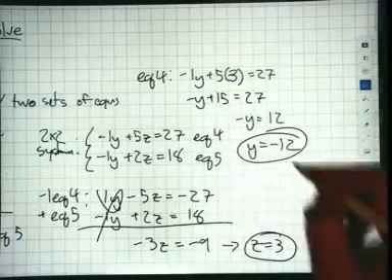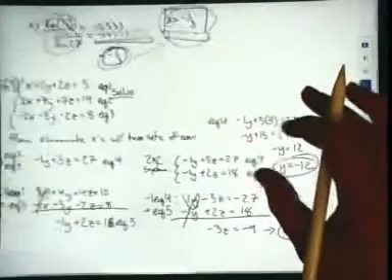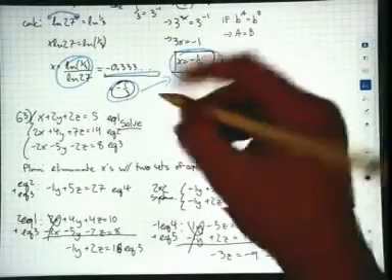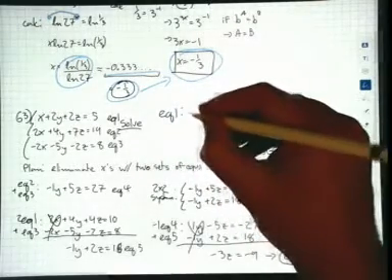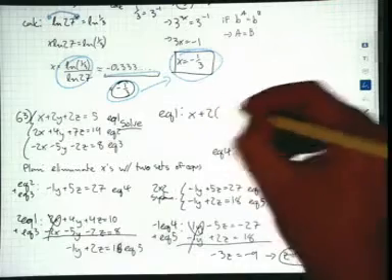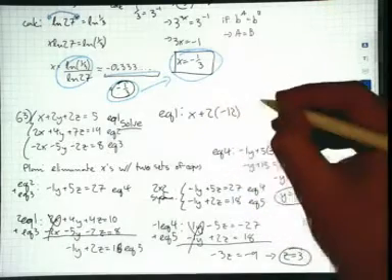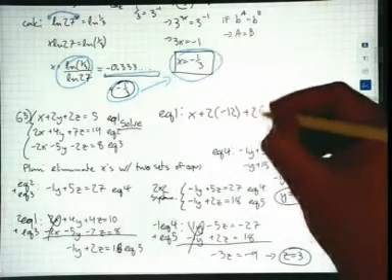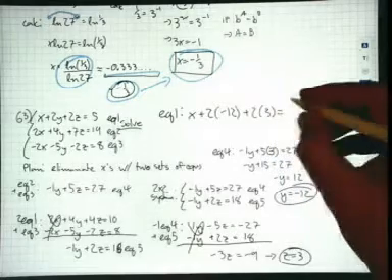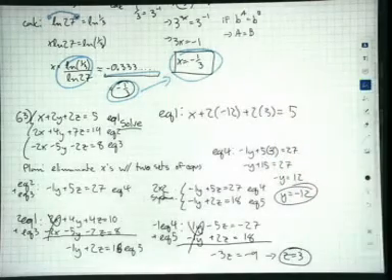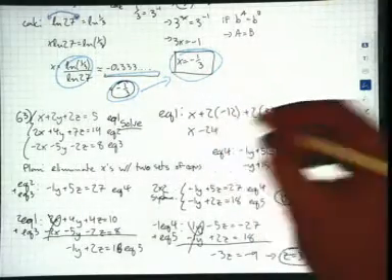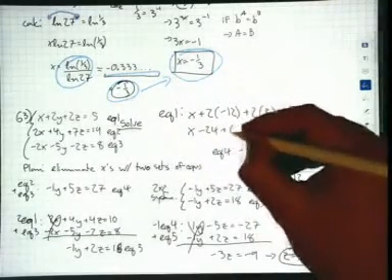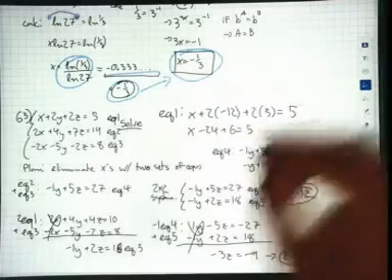So I got z, I got y, and then we need to go back and find x. So I'm going to come all the way over here to equation 1, where we have x plus 2 times a negative 12 plus 2 times 3 is equal to 5. So x minus 24 plus 6 is equal to 5.